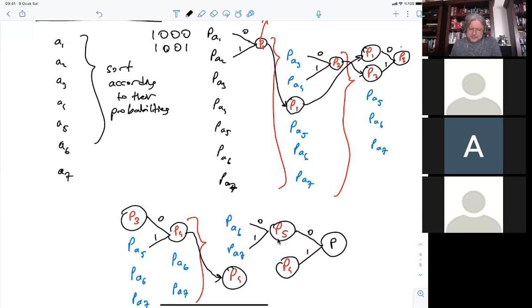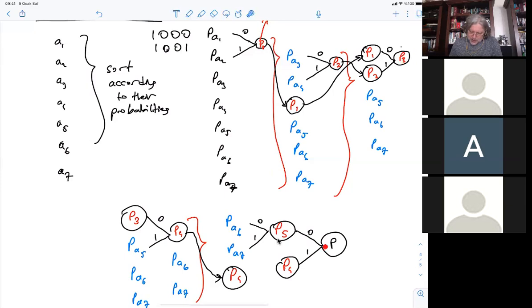Okay. How about PA3? What was the code word for that? PA3 was merged here with P2 and P2 with P3. And then P3 with P4. P4 is here.